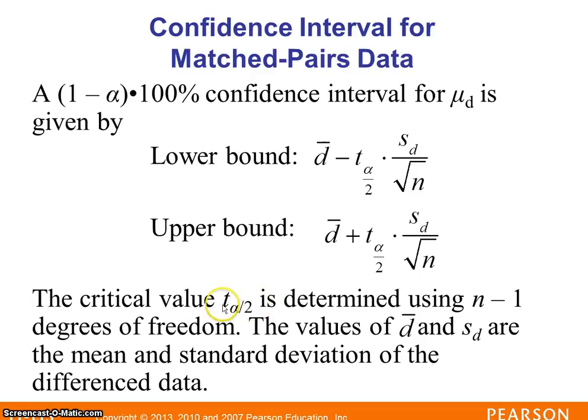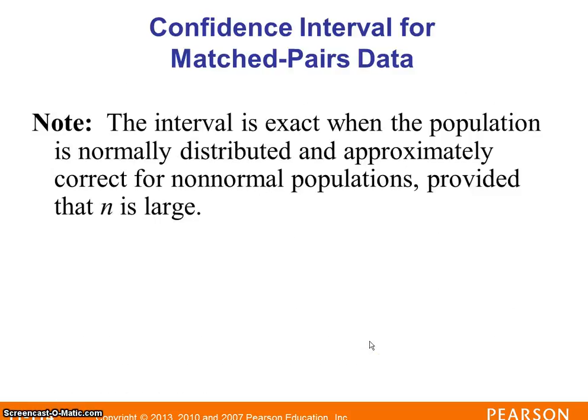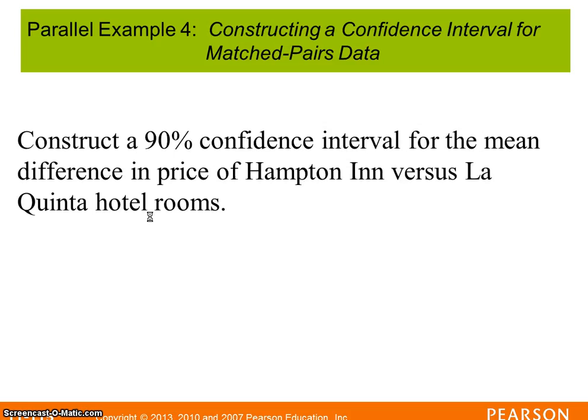Just remember that the t-values in this case use n minus 1 degrees of freedom. Note that the interval is exact when the population is normally distributed and approximately correct for non-normal populations, provided that n is large, greater than 30 or so.